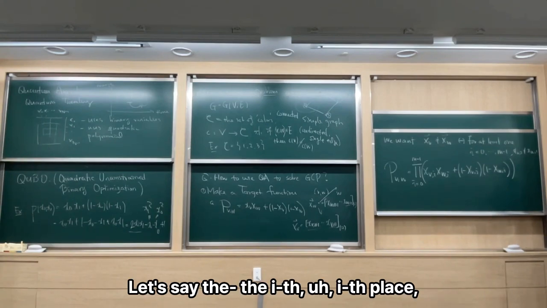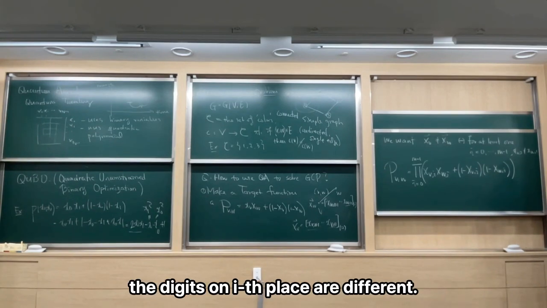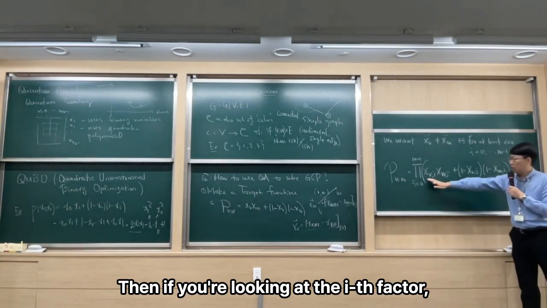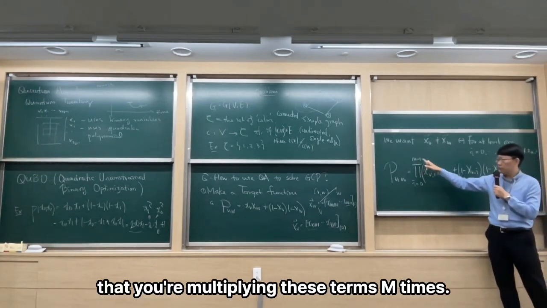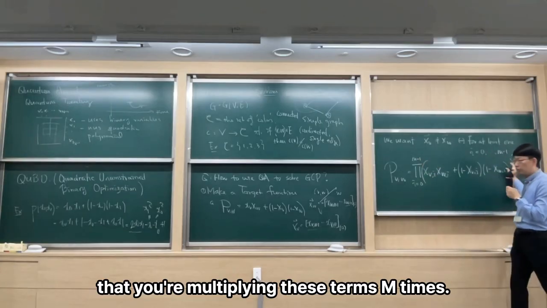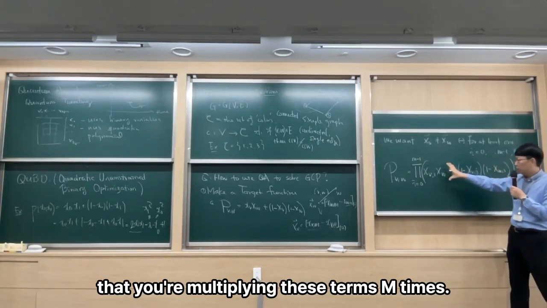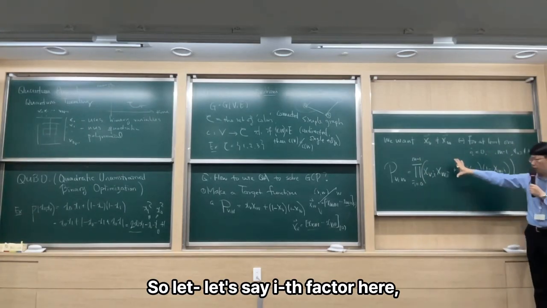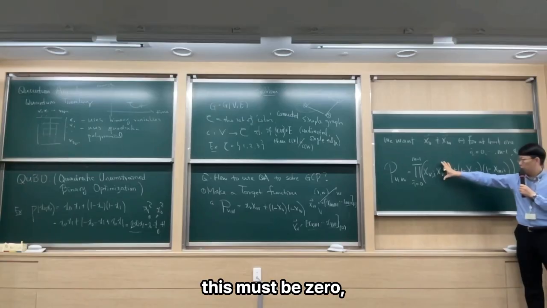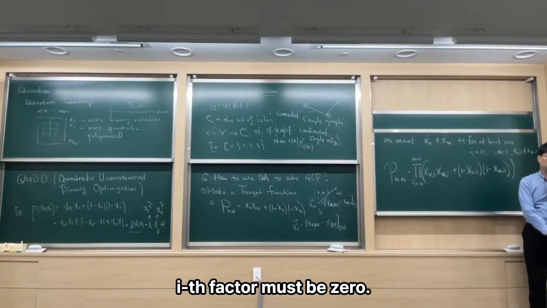Let's say the ith digits are different. Then if you look at the ith factor, you're multiplying these terms m times, and the ith factor must be 0 if that's the case.